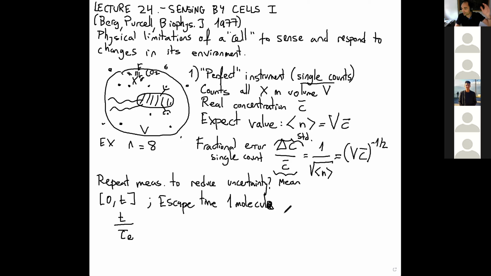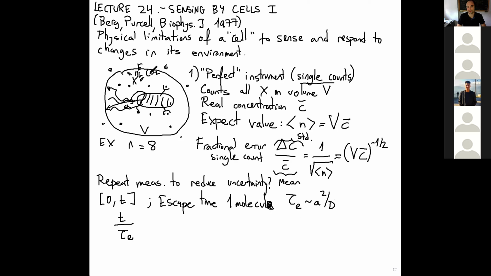If you go back in my lectures, you can find that the escape time in a volume, you take one molecule, how long it takes to escape a sphere, this goes like L squared divided by D. Okay, but L would be like the radius. Well, actually, the best is I call this A, because later I will use A. So this will be A squared divided by D.